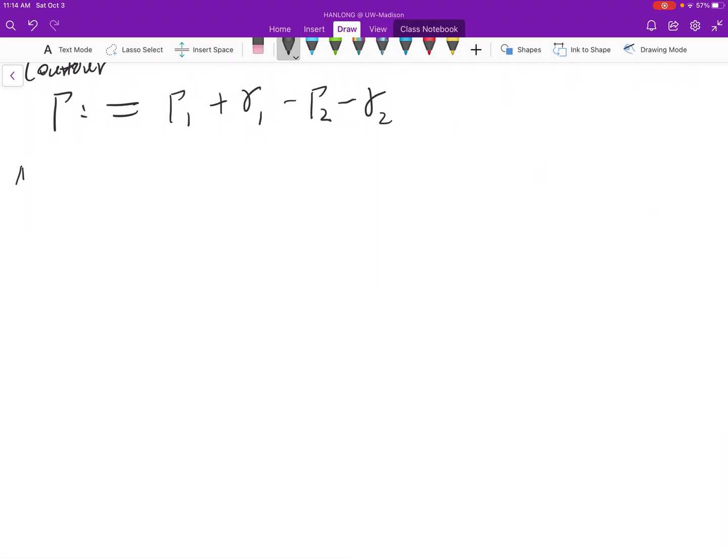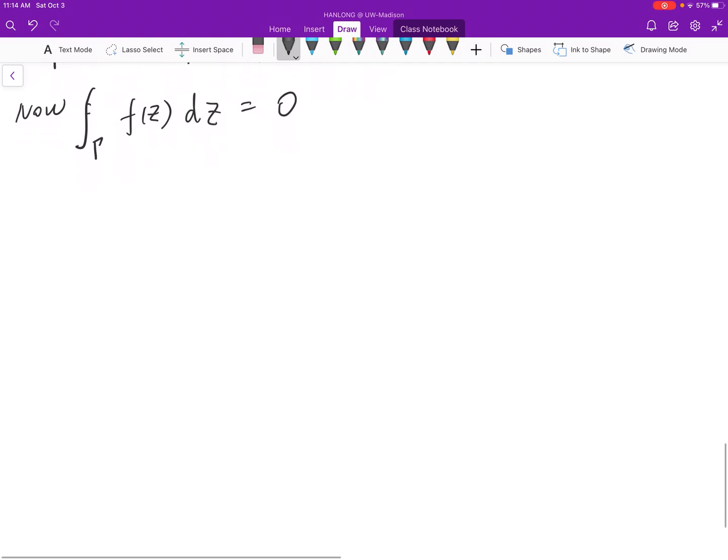Okay, now the residue theorem or Cauchy-Goursat theorem tells you the line integral along capital gamma of f is 0, because f is holomorphic and gamma is closed.